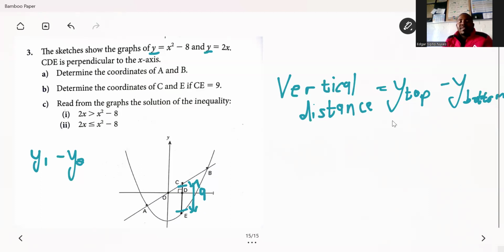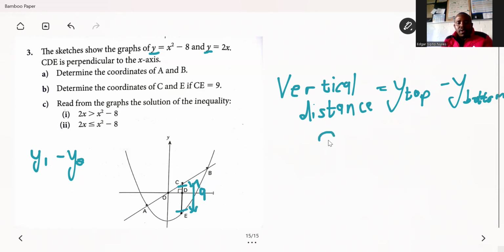It makes sense to take the top function minus the bottom function because the top function is closer to the positive y-axis, and the bottom function is closer to the negative y-axis. At this region, the straight line is above the parabola. So we always say function at the top minus function at the bottom.